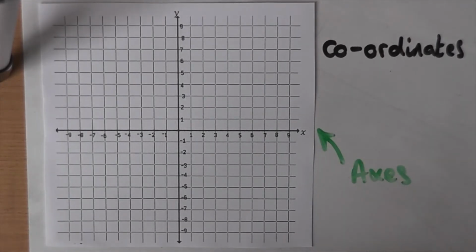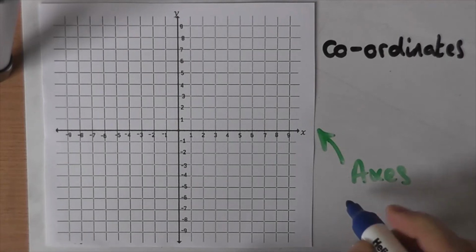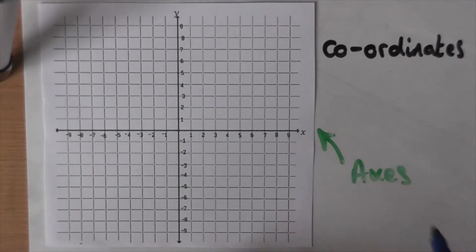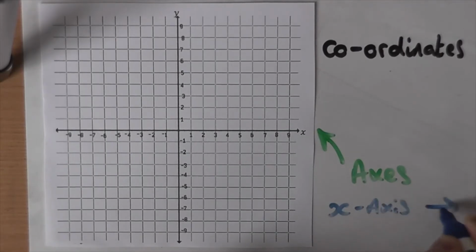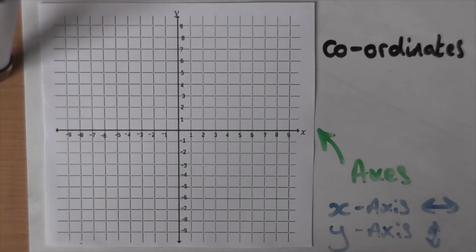One axis, two or more axes. The across axis is the x-axis. And that tells you how far left and right you are. The vertical one is the y-axis, and that tells you how far up and down you are.